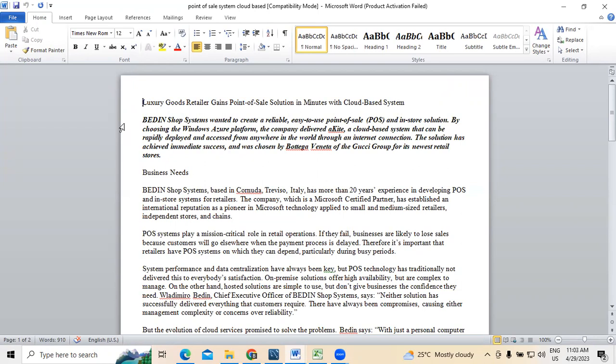To prepare a business requirements document, one should understand the case or business problem, which is essentially required. So for that, I have taken this. Betting Shop Systems have identified some business problem, and based on the possible solutions according to the customer's requirements, they identified that developing a cloud-based point of sale system is the right choice.